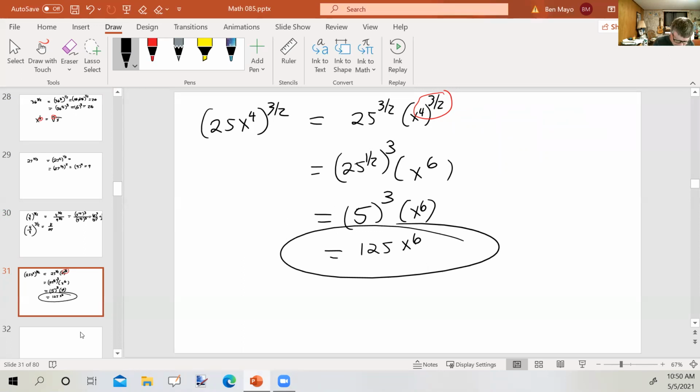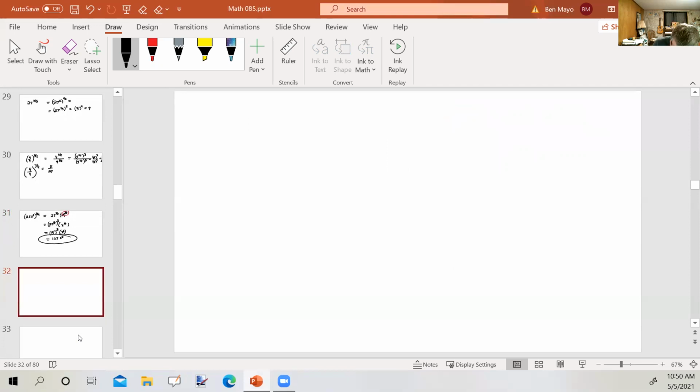Let's see here. 1/16 x to the 8th, y to the 4th power, all raised to the 3/4 power. So we have a product slash quotient situation inside the parentheses.